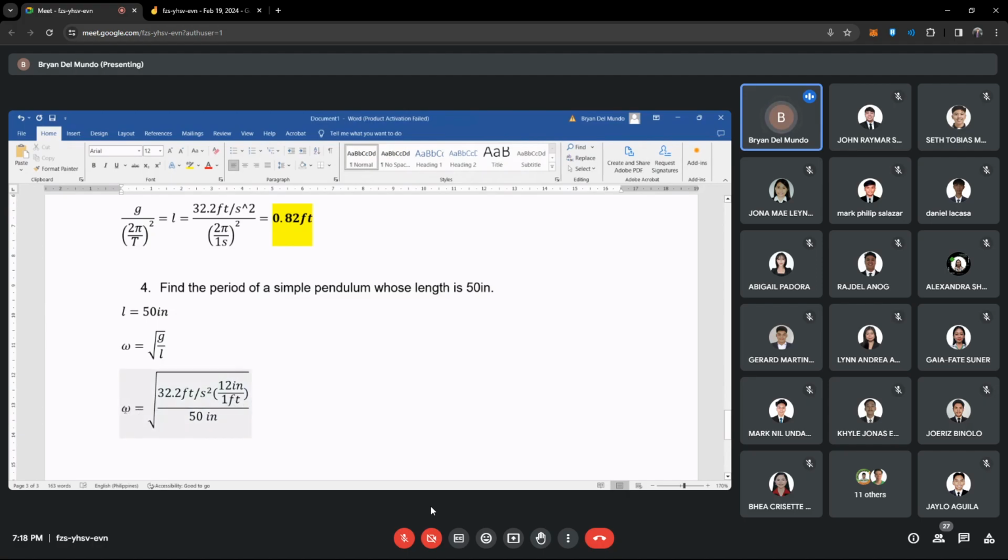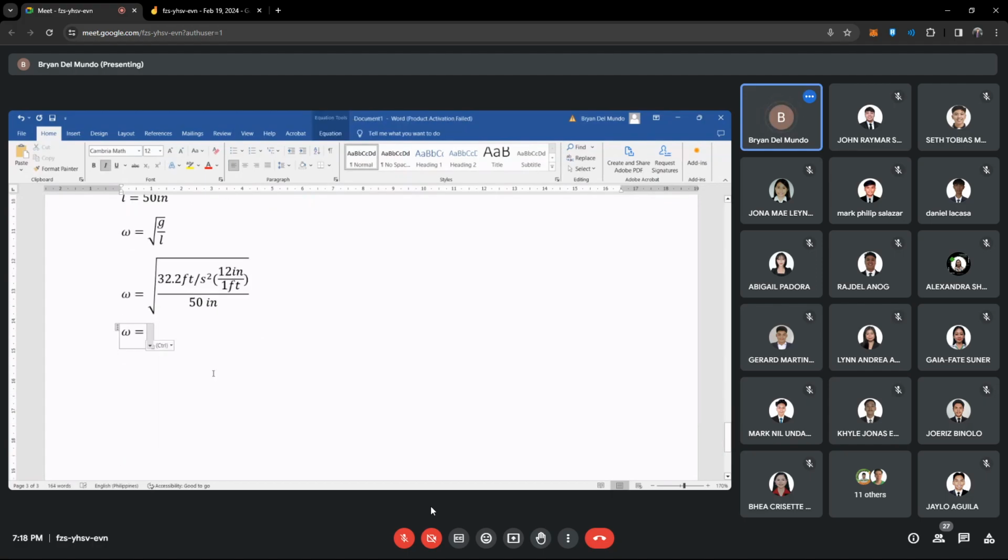So now we have our value of omega n is equivalent to 2.7799 radians per second.